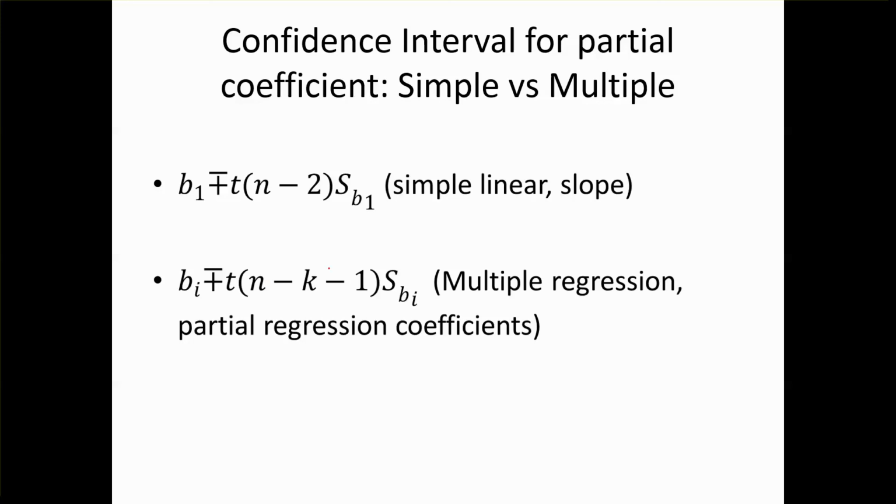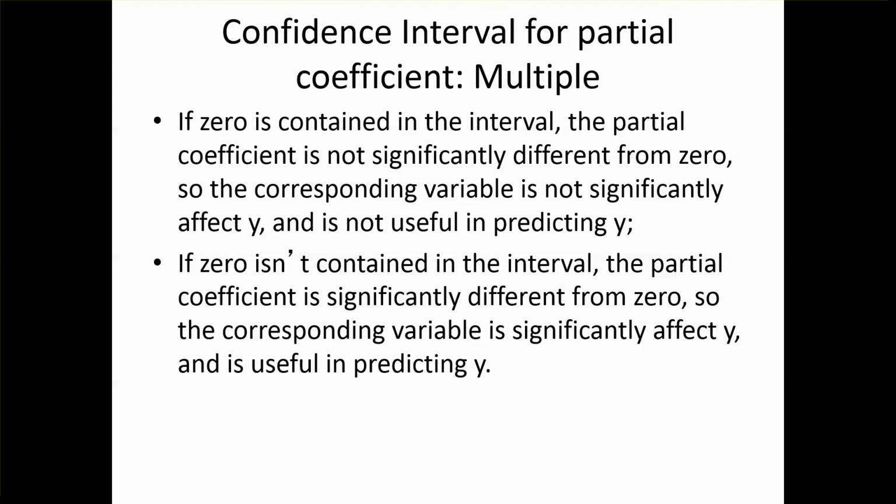However, I want to mention, similar to the simple linear regression model, we don't really need to do the calculation for this interval. The only thing we need to do is recognize it from the Excel output. And once we get the confidence interval for the partial coefficient, we just try to see if 0 is contained or not.